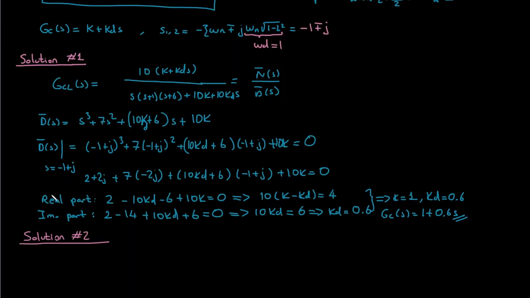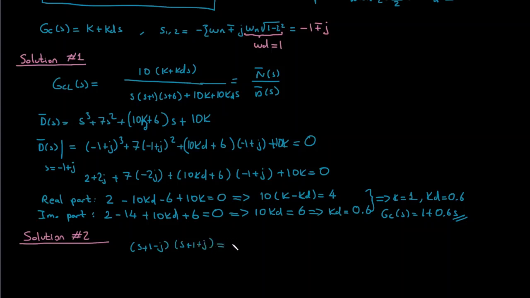So I can first construct the second order polynomial which has the roots minus 1 plus minus j, right? So I can simply write s plus 1 minus j and s plus 1 plus j.